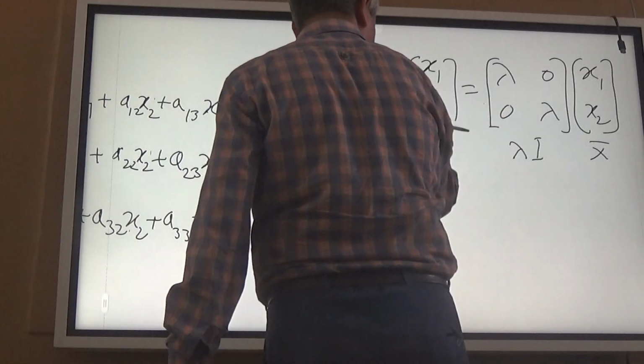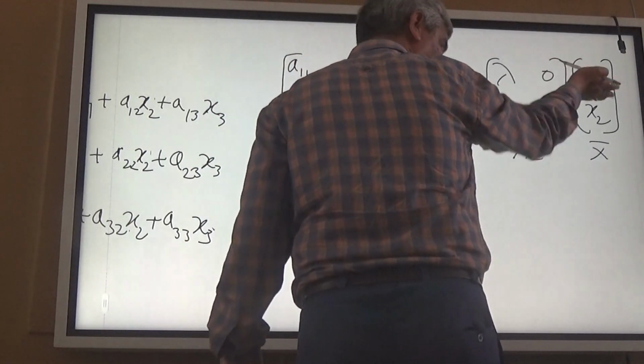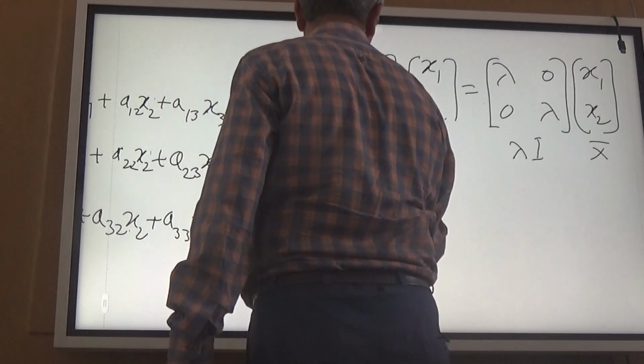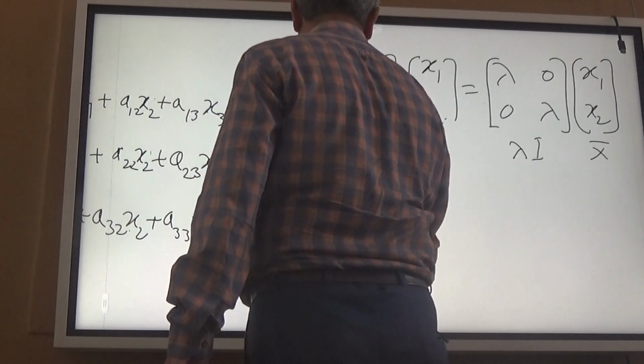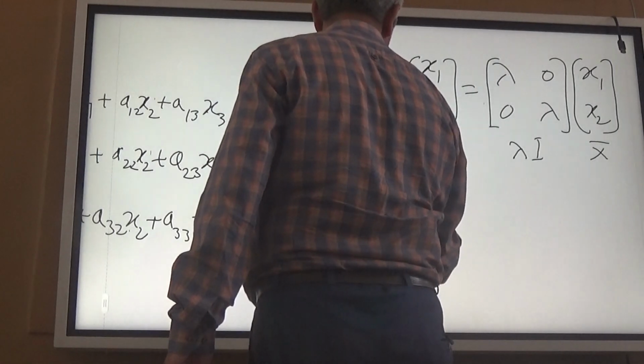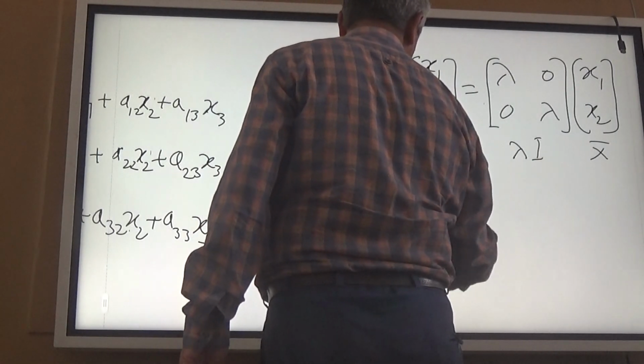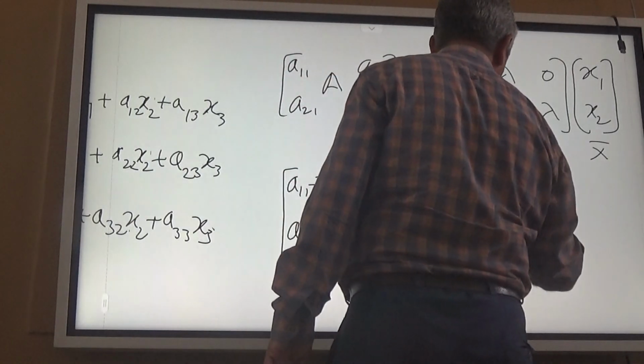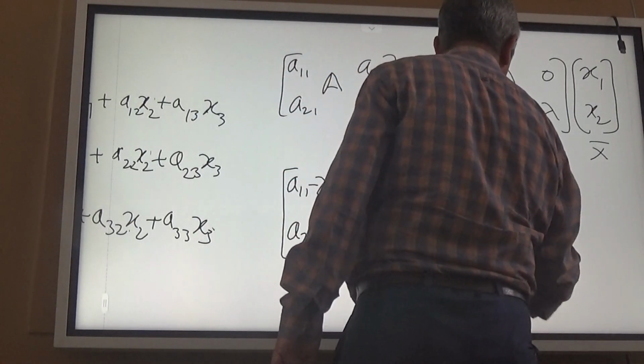Some matrix into x minus other matrix into x is A11 minus lambda, A12, A21, A22 minus lambda into x1, x2 is equal to the 0 matrix.